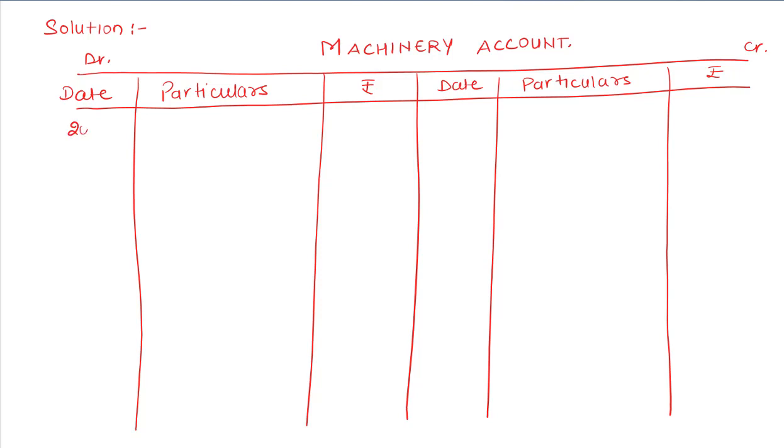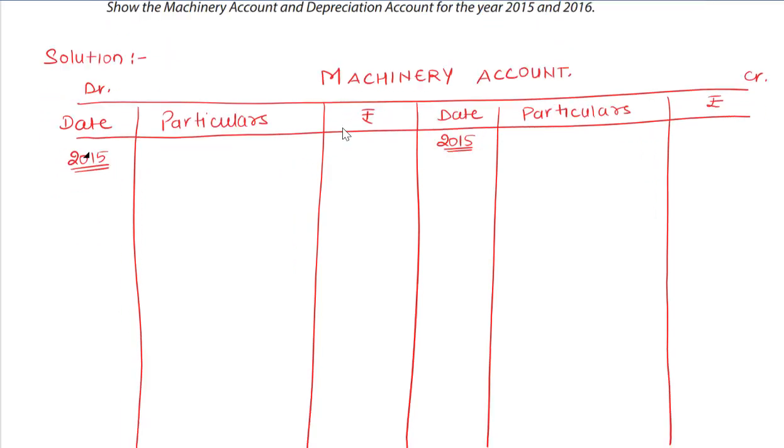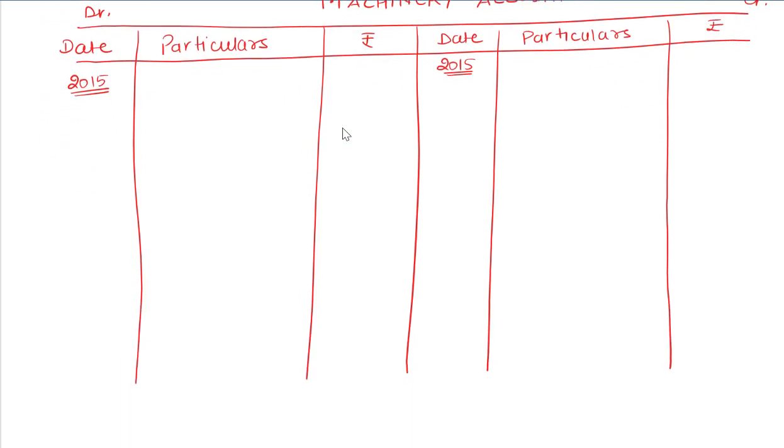Let us do the accounting for 2015 first. So date 2015. The machinery is purchased on 1st July 2015 to bank account.